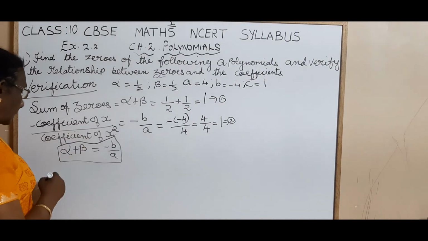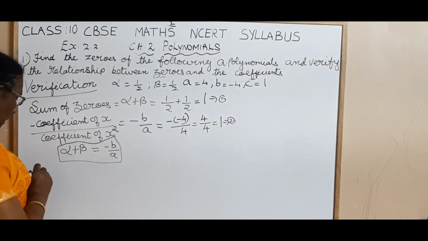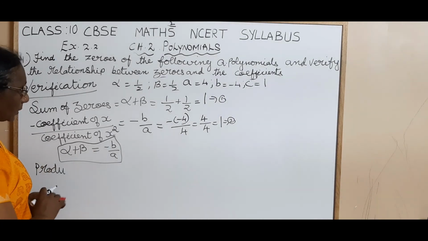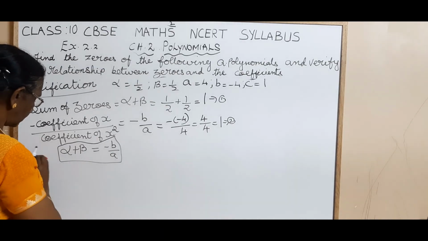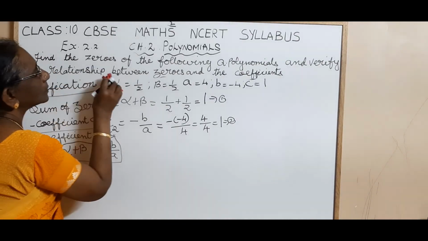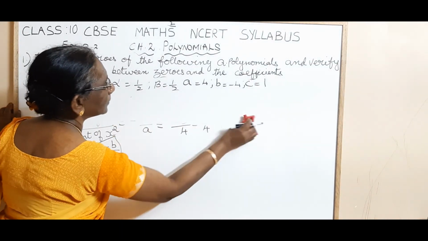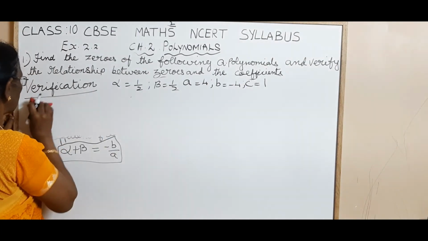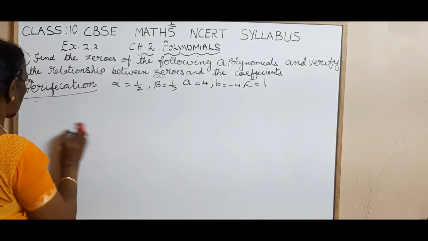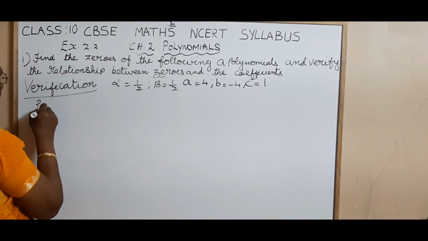Now what is the second relation? The second relation is the product of the zeros.